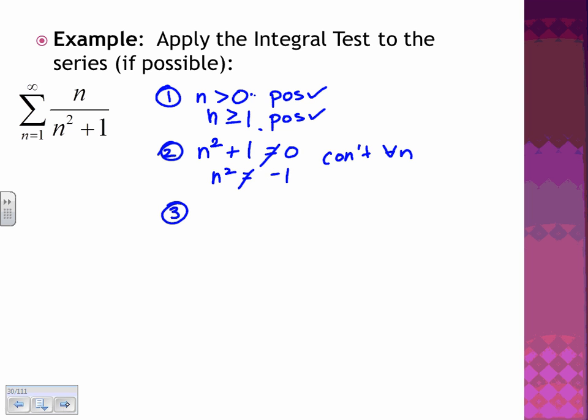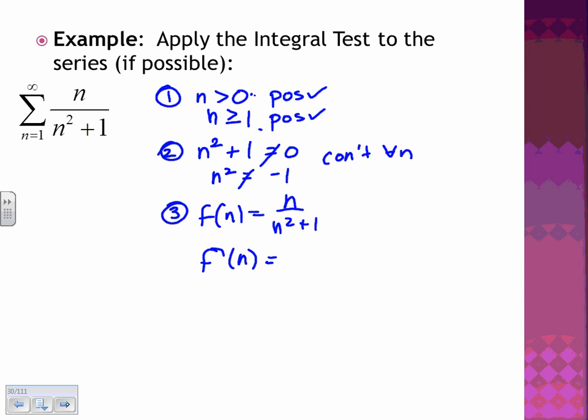Let's derive. Alright, so let's take the derivative. Do you want to use x's or n's? N's? Okay. So f of n is n over n squared plus 1. Go find f prime of n. I'm going to cheat.